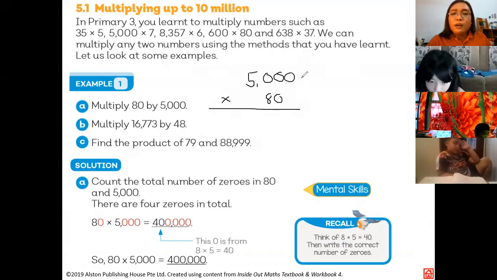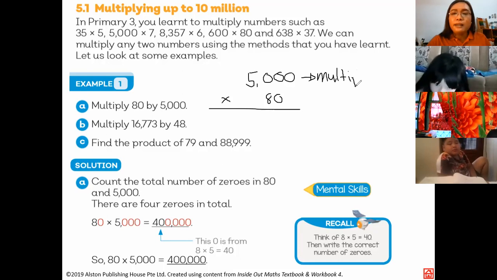Okay, what do you call the number here? 5,000, what do you call this? This is the multiplicand.